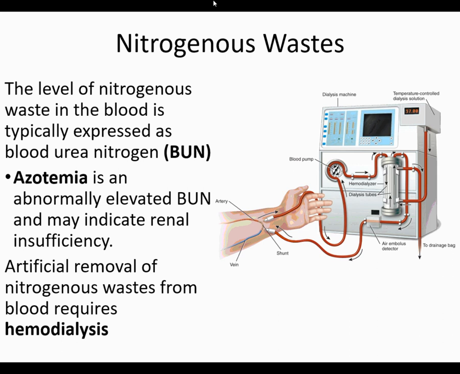BUN is short for blood urea nitrogen, a measure of the level of nitrogenous waste in our blood. It basically is an indicator of whether the kidneys are working correctly. The word renal, as you hopefully know by now, is interchangeable with kidneys. And if the kidneys are not functioning nearly enough, it may require a process called hemodialysis, or dialysis, to be performed.